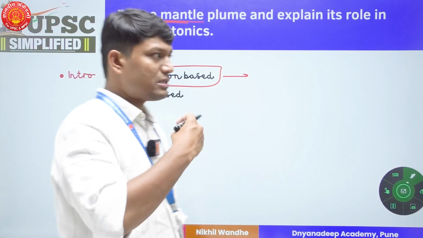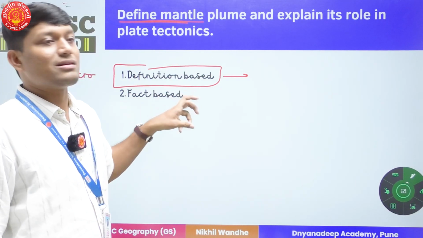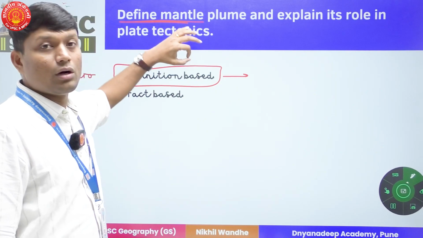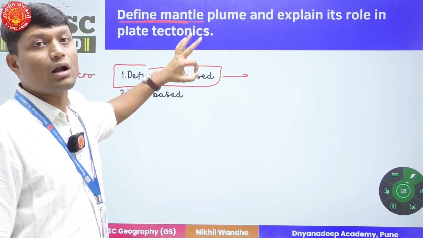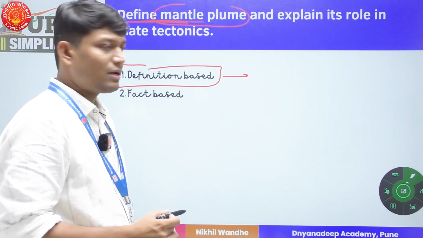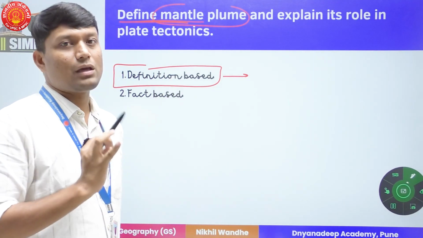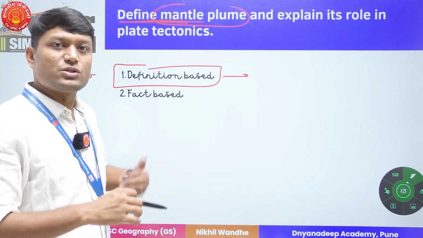And there is a lot of volcanic activity on the surface as a result of these flows of lava, and this is nothing but a mantle plume. So this is a simple straight definition I'll put right at the beginning of my answer. This is one way to start.